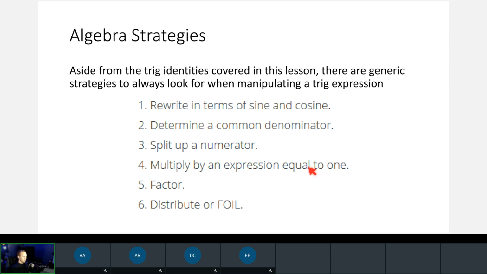We did that on the previous page. Factoring. We didn't do this one, I don't think, but we could have used it. We definitely use distribution. And this is not in any particular order. These are just 6 strategies that you can apply, whether it's all of them or some of them, or maybe none of them.